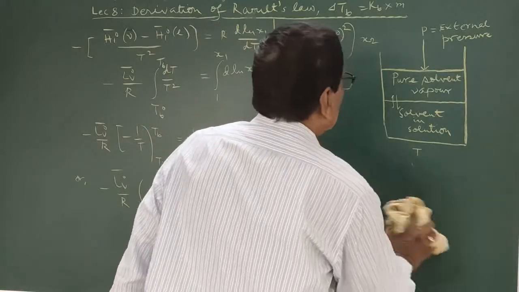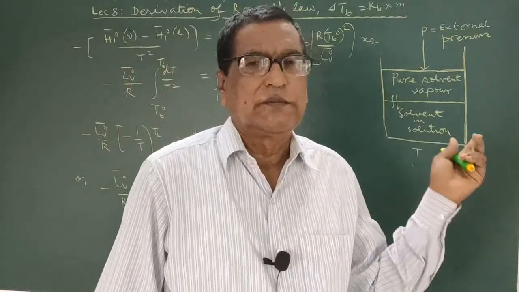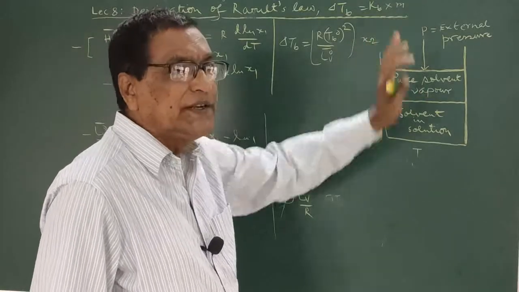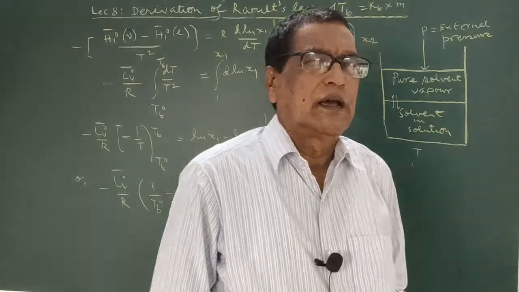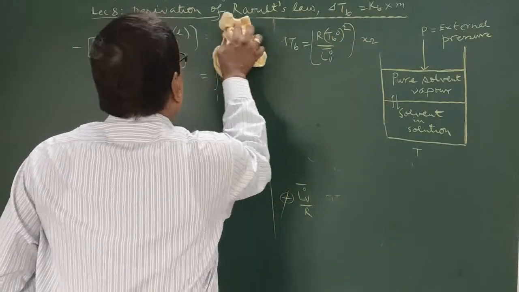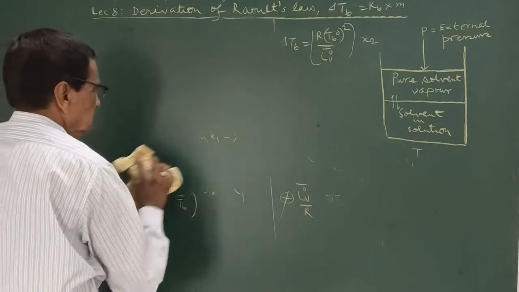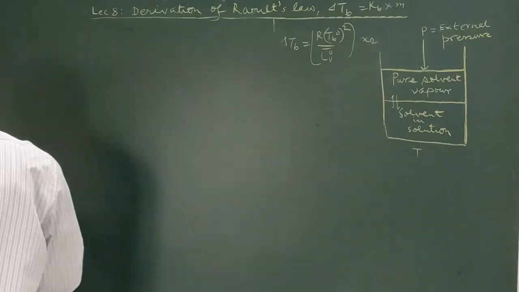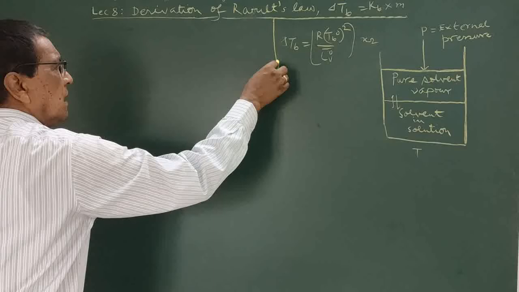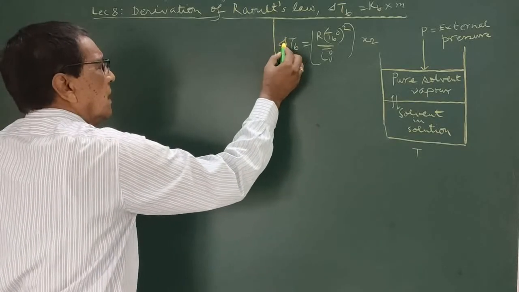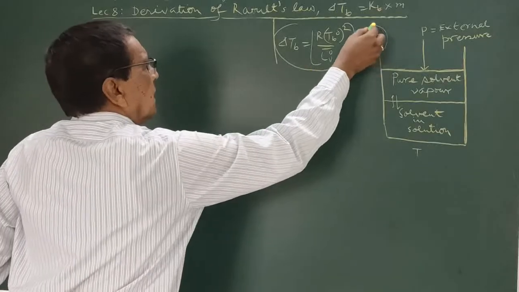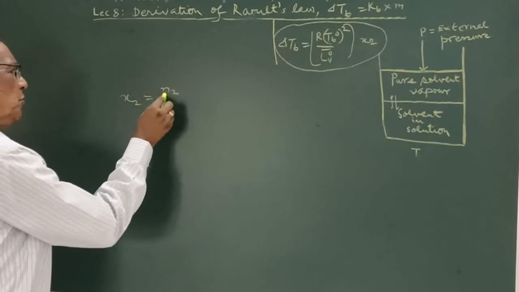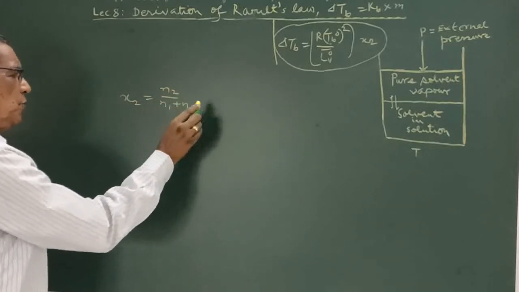Now, if we would like to change this mole fraction of the solute in terms of molality, as done by Raoult himself, then x2 equals n2 divided by n1 plus n2.